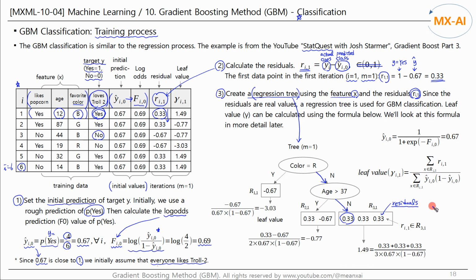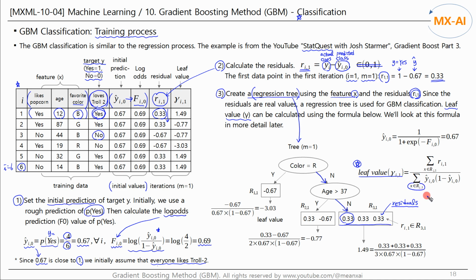Now we calculate the leaf value of each leaf node. The leaf value is calculated using this formula. We'll take a closer look at this formula in the next video. And in this video we'll just use it. Let's use this formula to calculate the gamma of the third leaf node. This leaf node contains 3 residuals for 3 data points.